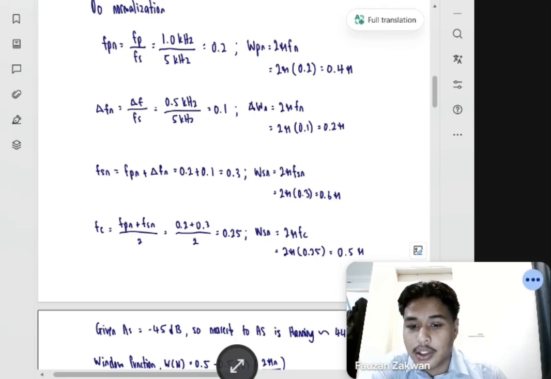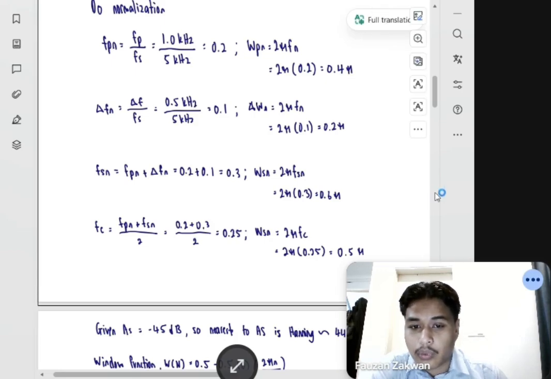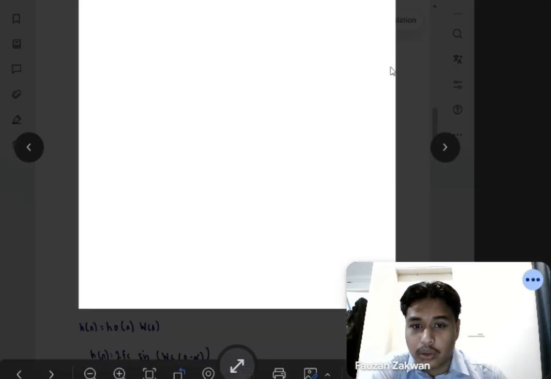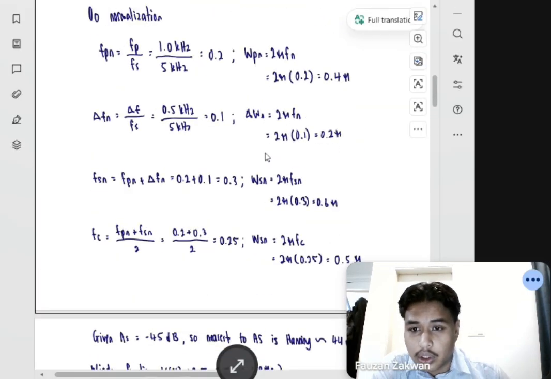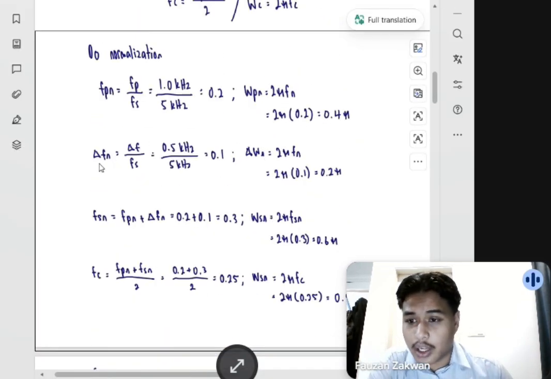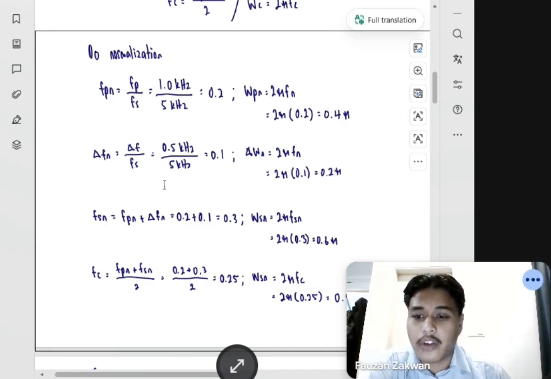So next is Fn. 0.5 kilohertz divided by 5 kilohertz equals 0.1. So Wn equals 2 pi Fn.